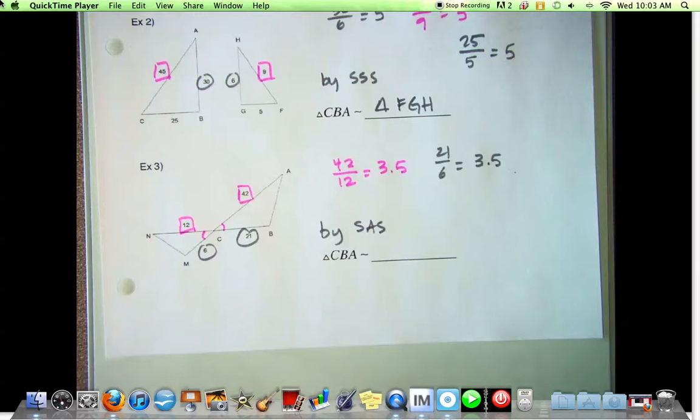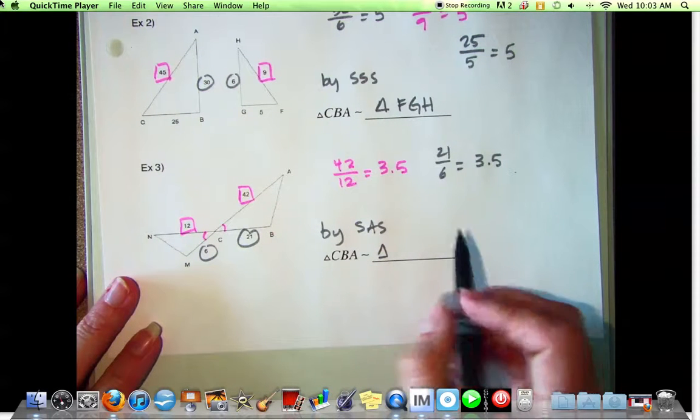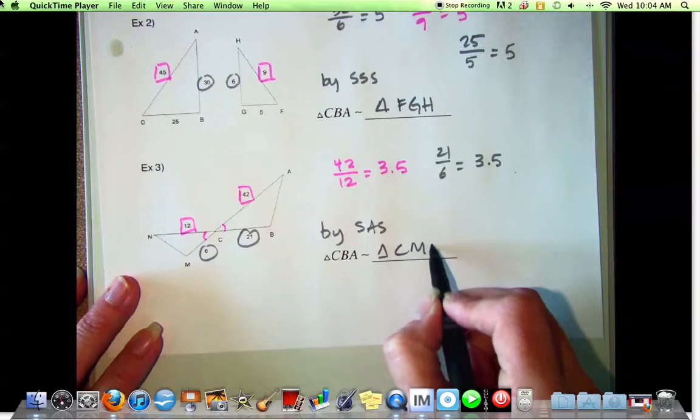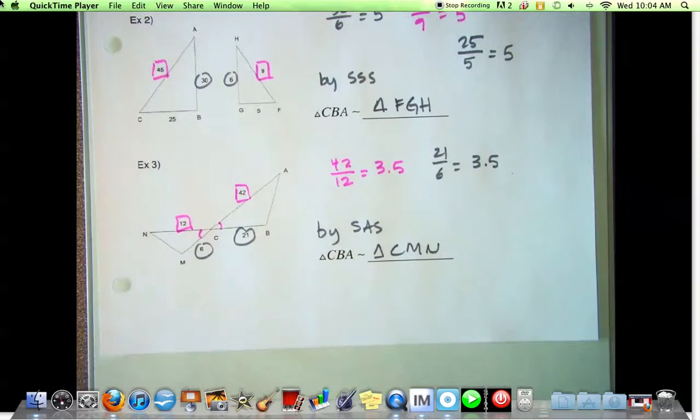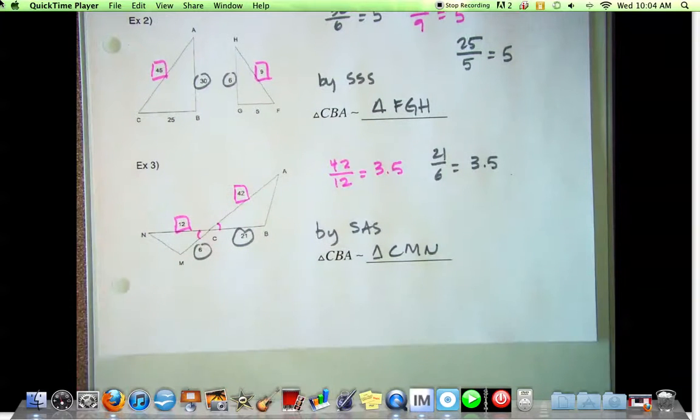So triangle CBA is congruent to triangle what? CMN. Because we labeled it CBA, so CMN. Does it matter? Yes, when you're stating congruence or similarity, you have to name them in the same order so that the same angle is listed as being congruent to the similar angle on the other triangle.